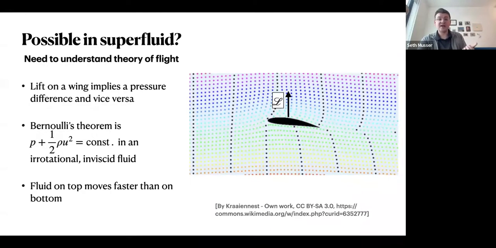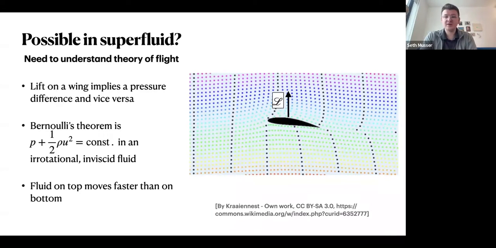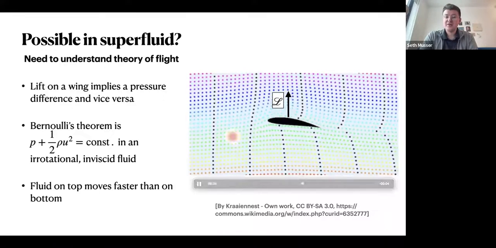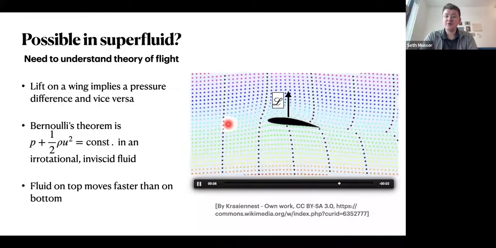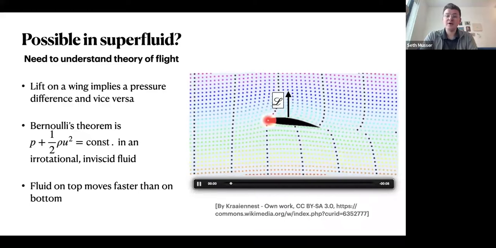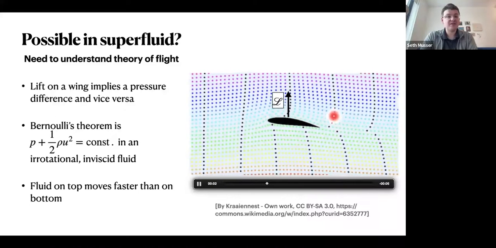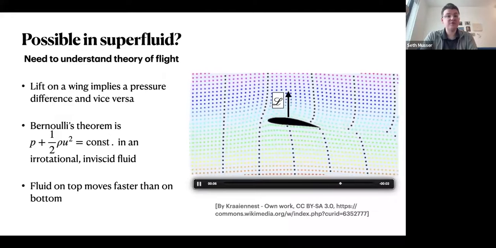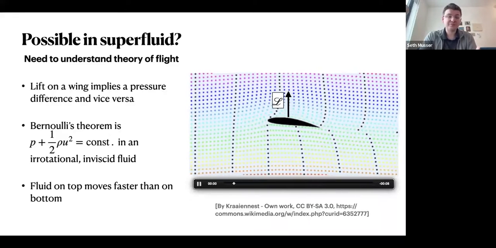And just as an aside, often, certainly in the US, maybe the UK does a better job, this is given as an explanation for the generation of lift in a way that's a little incorrect. In high school, I learned that the fluid particles, as they come over the foil, need to meet back up at the tail of the foil. And since the fluid over the top has further to move, it has to go faster.